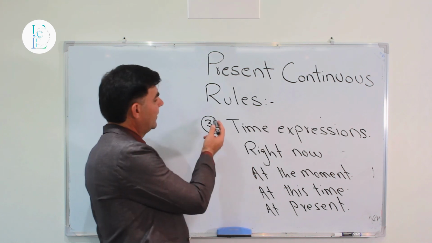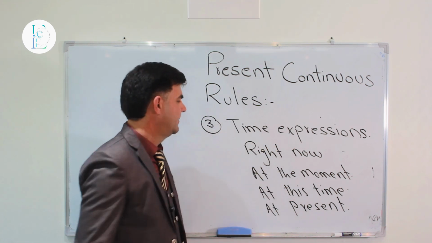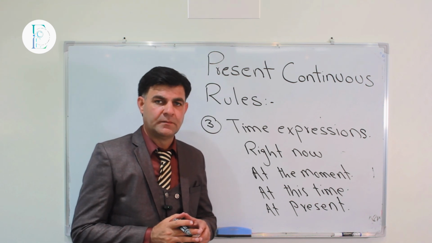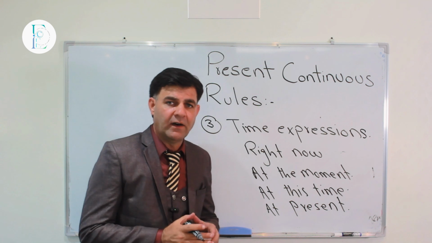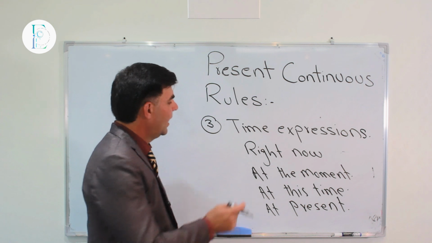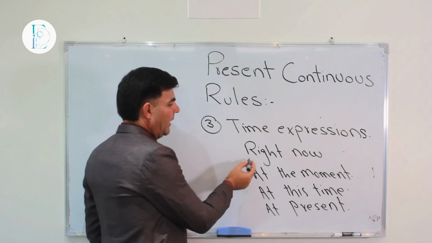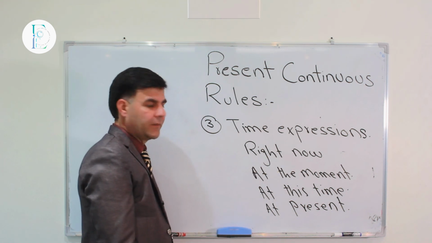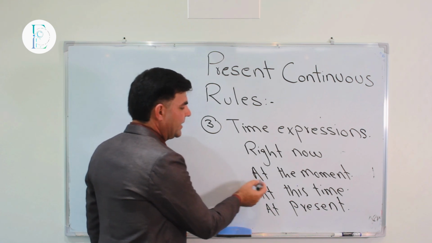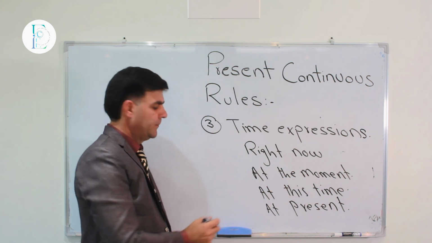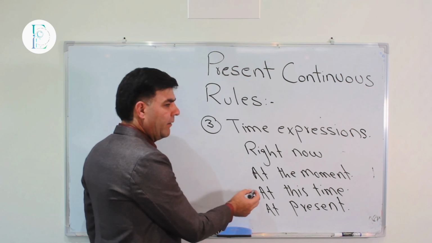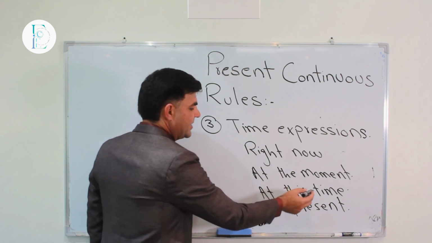Step 3, time expressions. In present continuous tense, you can find at the end of the sentence some time expressions like: I am playing football right now. She is reading a story at the moment. They are preparing coffee at this time.